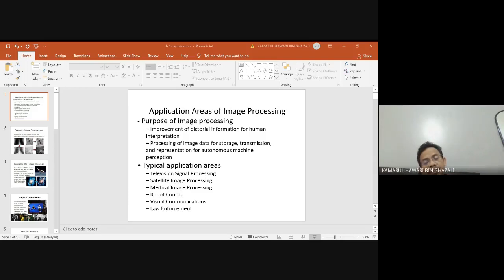This is another application, artistic effects for movies, for example. Also in medical, and in GIS. GIS is a remote sensing geographic information system. A lot of applications of image processing, for industrial inspection as well.